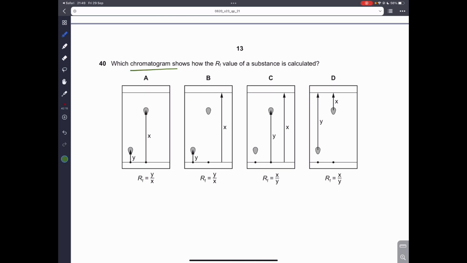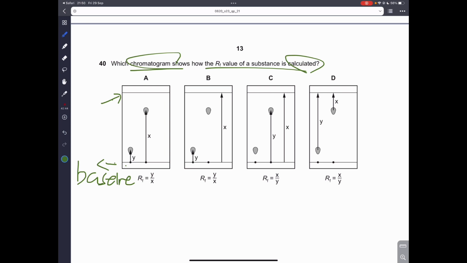40. Which chromatogram shows the Rf value of the substance that is calculated? The Rf value is basically how far the solvent moved from the baseline to the end point. Now this is the baseline, and this is the solvent front.